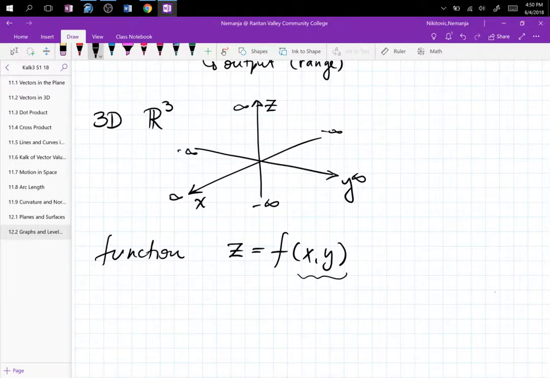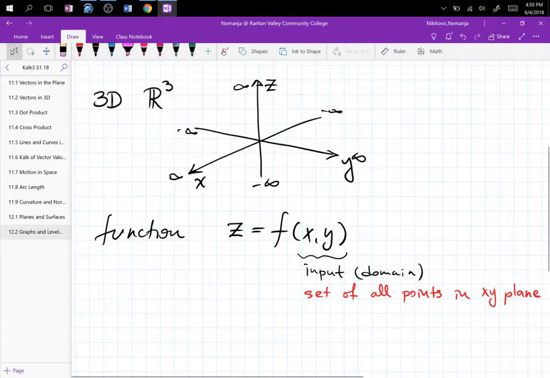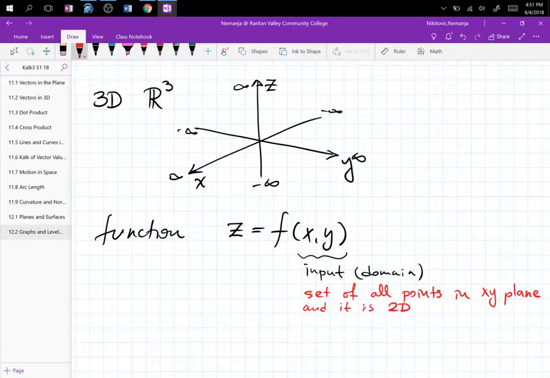So here I have the input, known as the domain, and in this case that domain is the set of all points in the xy plane. And it is 2D. That's very important. So your domain is two-dimensional now.